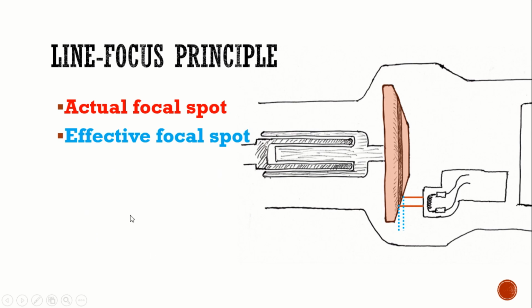Through line focus principle, the actual focal spot is always larger than the effective focal spot. So this is your effective focal spot. And what is that? Your effective focal spot is the area where your X-ray is actually being projected onto your patient or image receptor. So this is the application of your line focus principle.